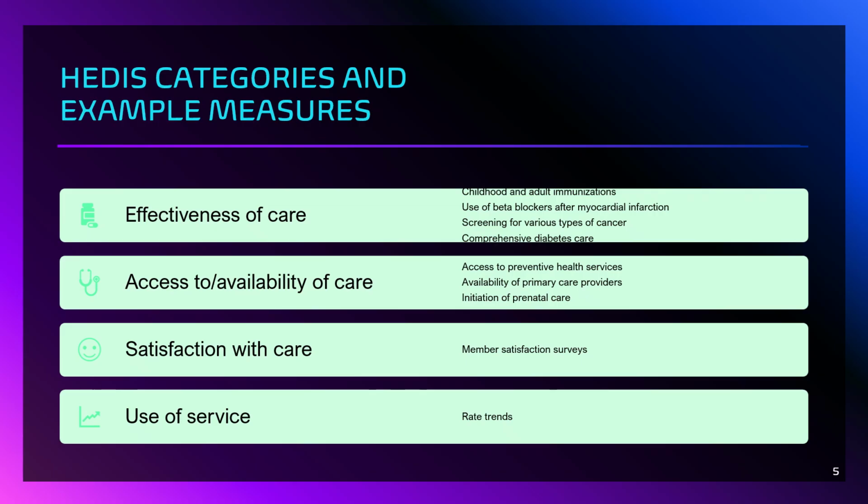From a clinical engineering perspective, these categories may seem far removed, but they actually depend on technology at multiple points. Childhood immunization rates, for instance, require accurate EHR documentation and reliable vaccine storage equipment. Access and availability measures depend on telehealth systems that connect patients to providers.